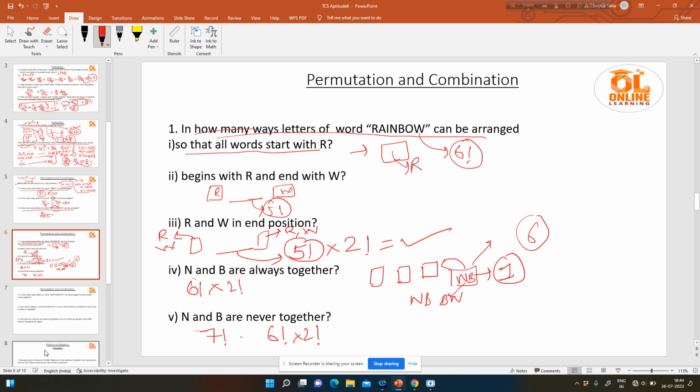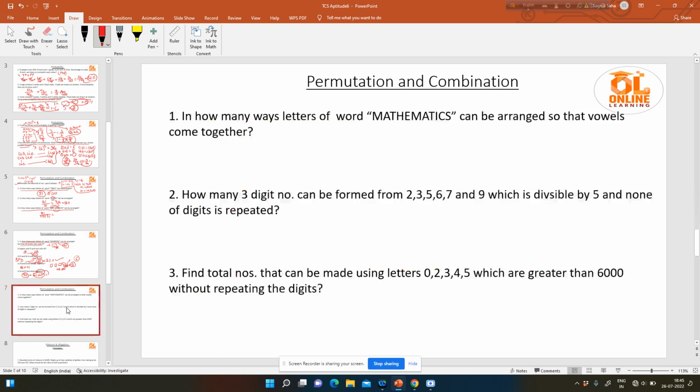So if we do 7 factorial minus 6 factorial into 2 factorial, we will get the arrangement where n and b are never together, because 7 factorial is the total number of ways, and 6 factorial into 2 factorial is the total number of ways in which n and b are always together. So n and b are never together, then what we will do? Total factorial minus arrangements where they are together. Okay, so we will get our desired answer, right? Hope you have understood. Now let us move to the next question.